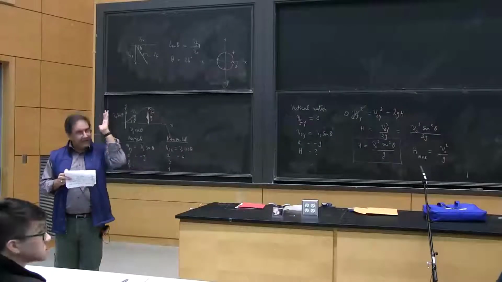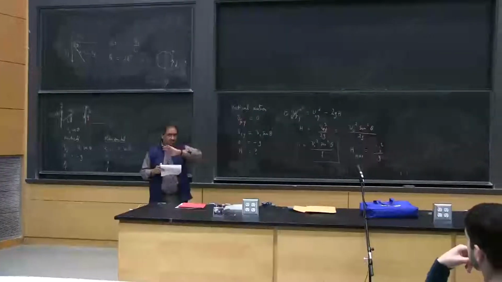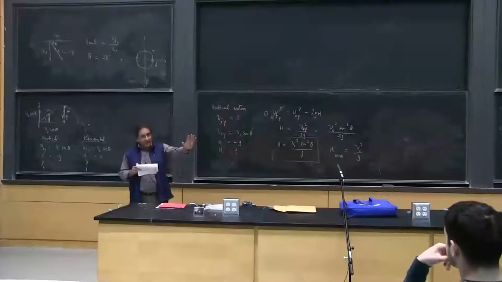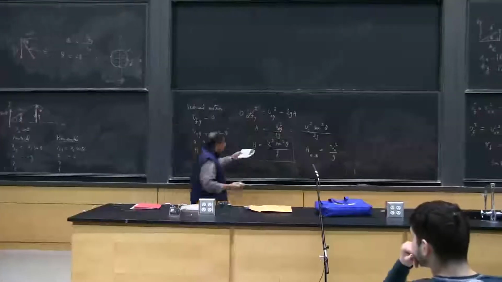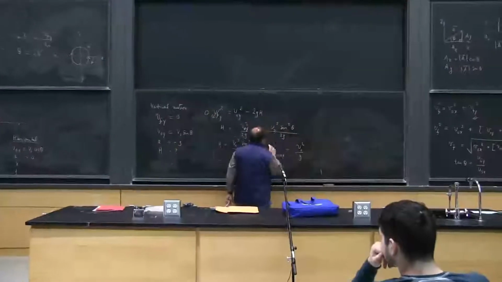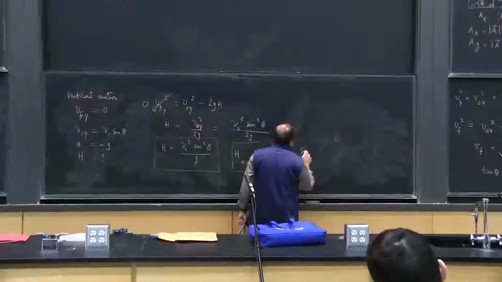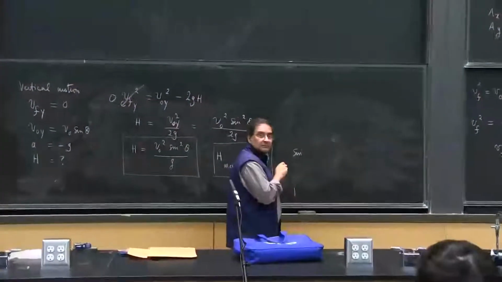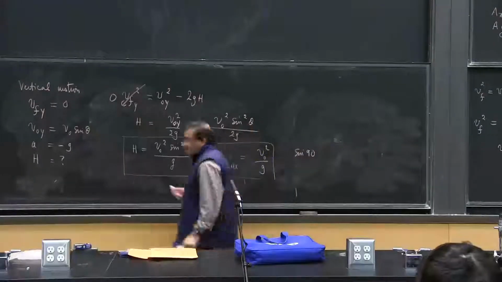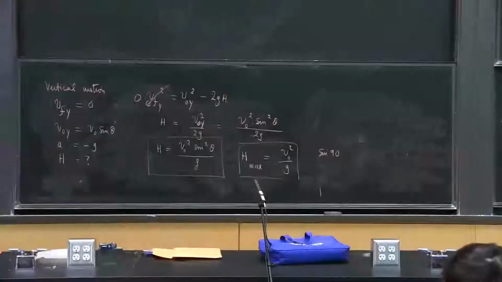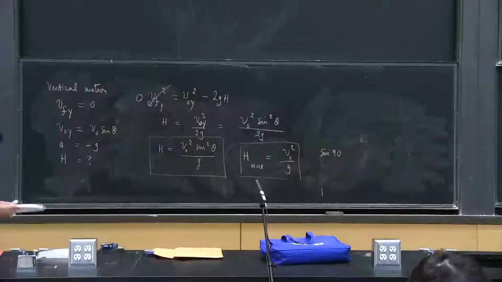Negative 1. So it goes between minus 1 and plus 1. It can't be outside that. If you square the maximum value of sine theta, what happens? 1. So the maximum value sine theta can have is 1, which means this is the maximum value that I can take, which will only happen when you have sine of what? 90. Sine 90 is 1. So if you throw something vertically up, that will be when you will get the maximum height. That's what it's telling you, which, by the way, makes a lot of sense.